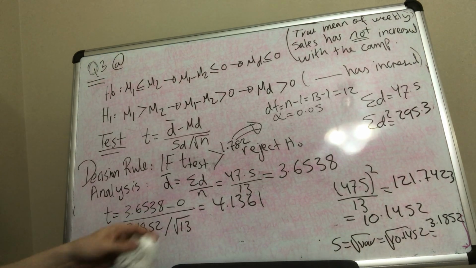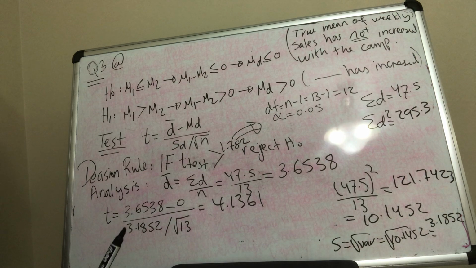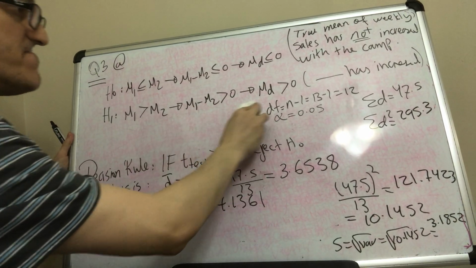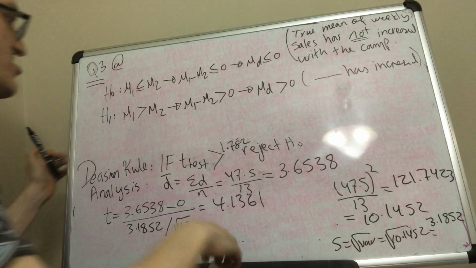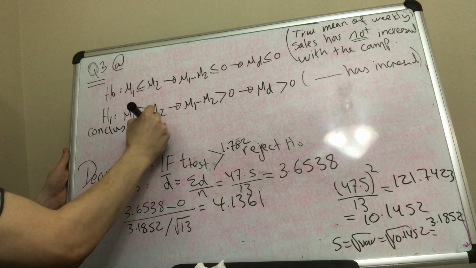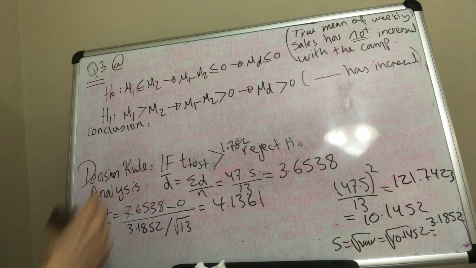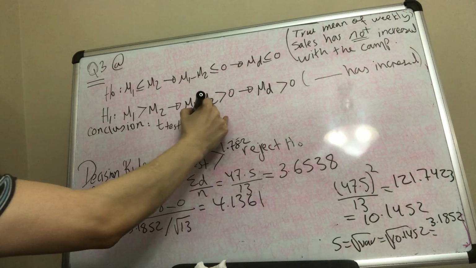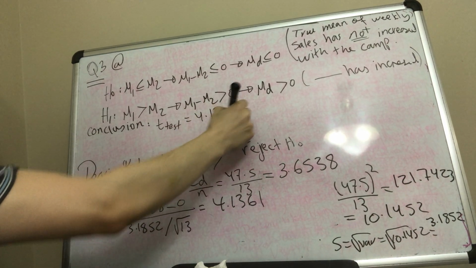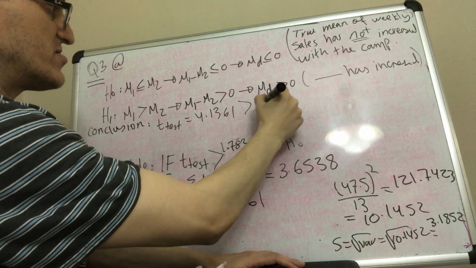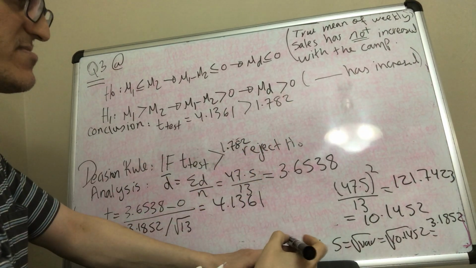So, we're ready to make a conclusion. Your t-test is 4.1361. If you go to this, this is definitely more than 1.782.